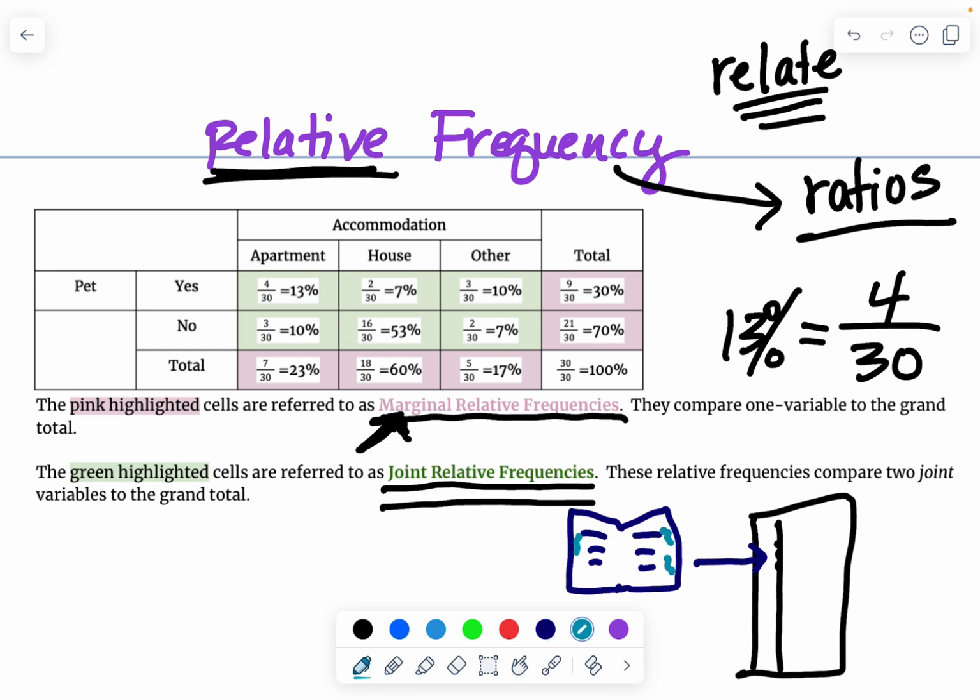So for our example here, marginal relative frequencies are ratios that relate the numbers in the margins to the total number. So in our notes here, the pink numbers are marginal relative frequencies.